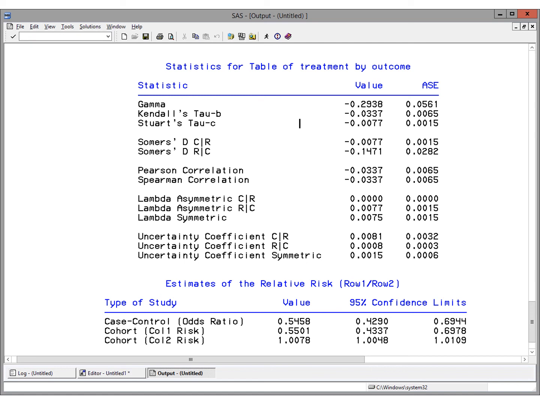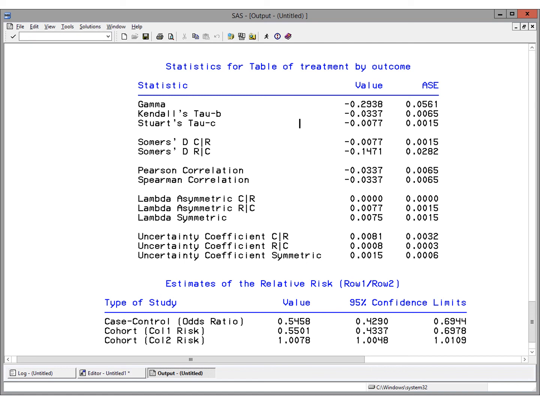So here we would see, and I think we calculated this in the previous slide ourselves, that the probability or the likelihood of a myocardial infarction for the aspirin group is 0.5501 times that of the placebo group. Now, if instead of the aspirin group relative to placebo, you wanted placebo relative to aspirin, we could, of course, just do 1 divided by, say, 0.5458, and that would flip the odds ratios for us.